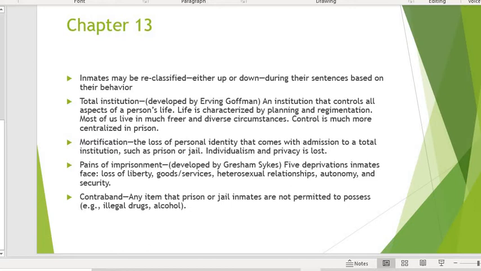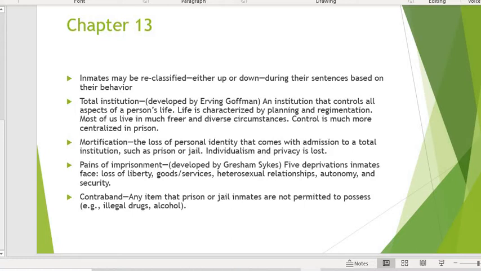And so it feels like a factory existence where you could lose a sense of being an individual and being basically the same as everybody else, in that you all dress the same and act the same and are part of the same schedule. Researchers refer to this kind of situation as mortification.